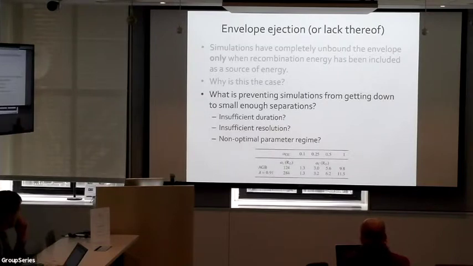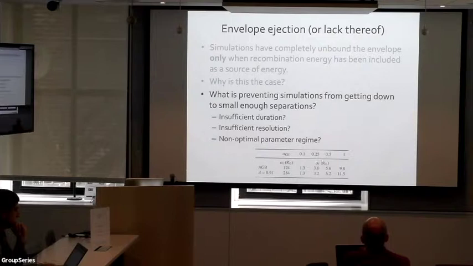Right, so then another possibility is just non-optimal parameters. We're all going after the red giants, the low mass red giants, which are relatively easier because of the smaller dynamic range of scales, both time and space. But perhaps it's not optimal, because if you look at, for example, the AGB with the same mass, which we've also modeled, from the same MESA simulation, we just evolved it longer, then when you use the alpha formalism, you only need to get down to separations of around 10 instead of around 3 at alpha equal 1.